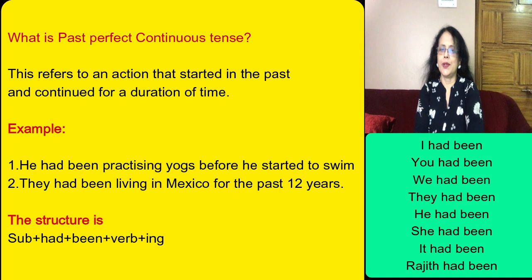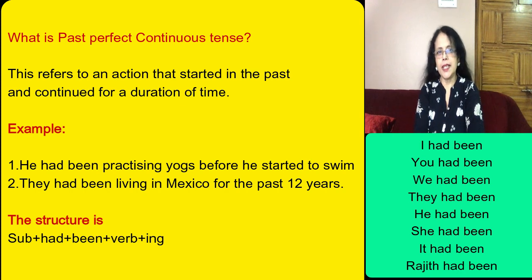Isn't it? So, now the structure is subject plus had plus been plus verb in the ing form. Right? As you know, subject can be proper noun or it can be pronoun. The auxiliary verb we use in this tense is had.